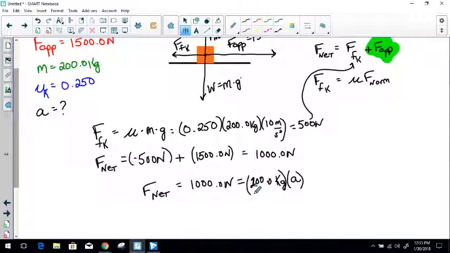So if we divide this, and we divide this, our acceleration equals 5.0 meters per second squared.